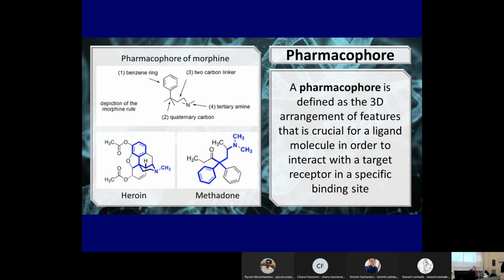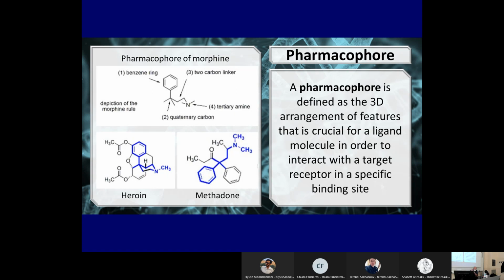But the problem was, what is the part of this molecule responsible of the interaction with the morphine, heroin receptor, morphine better, receptor.